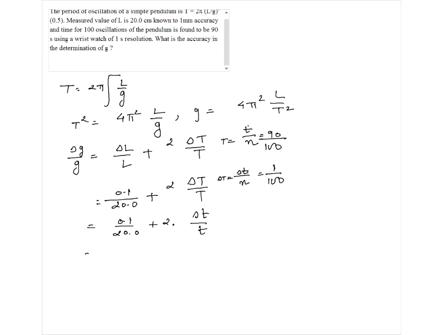That means 0.1 by 20 plus 2 times delta t, 1 second, by t, which is 90 seconds. Can you calculate this now? See how much you get.